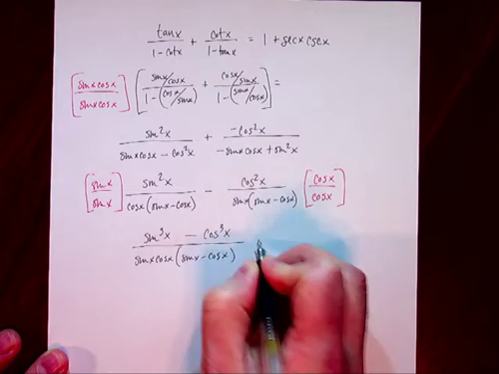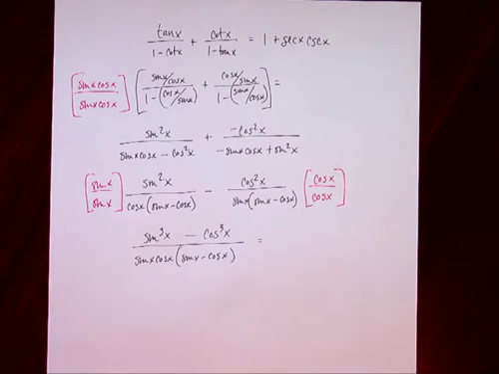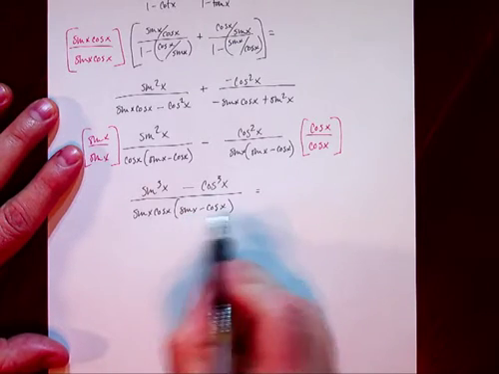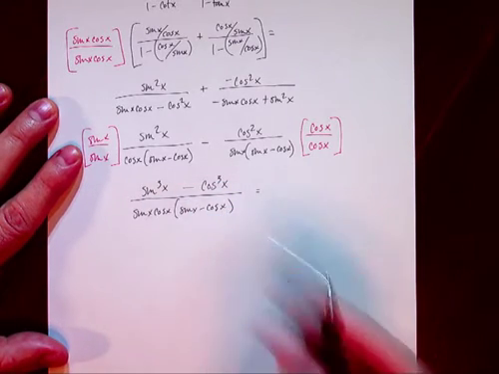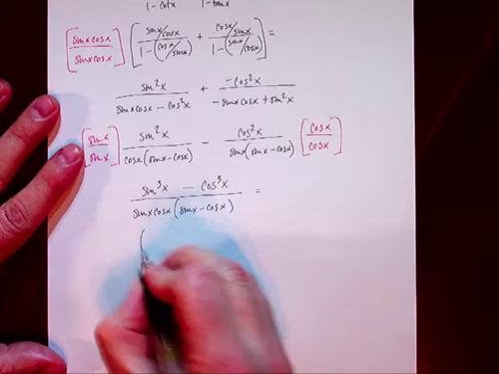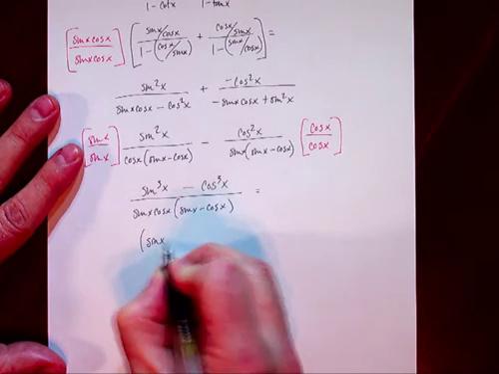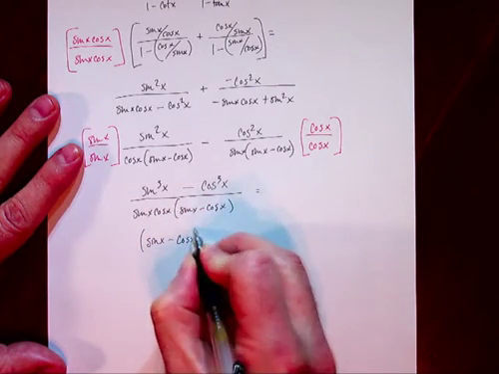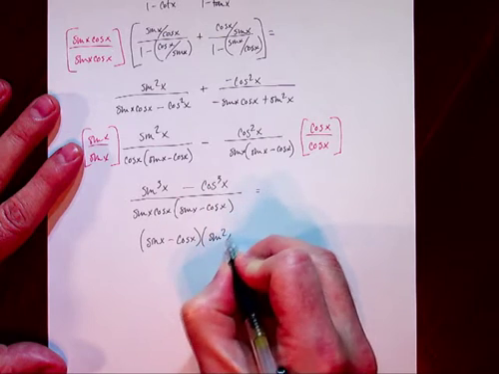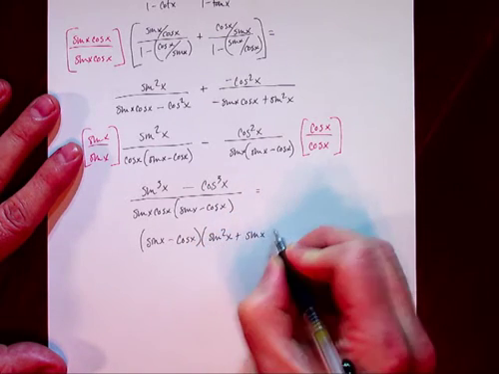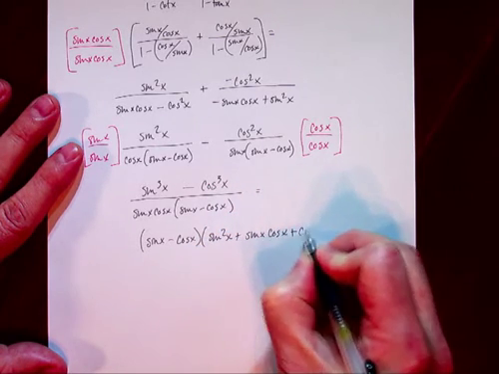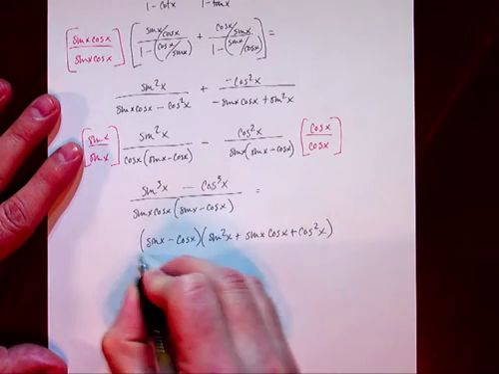Now, some of you who remember your difference of two cubes are already seeing where this is headed, because this right here is one of the factors of the numerator. That numerator factors into that.